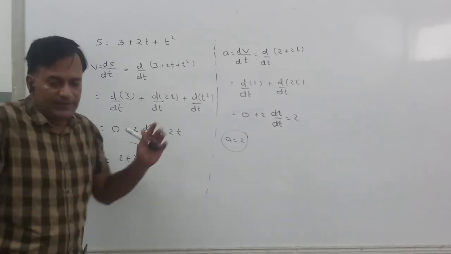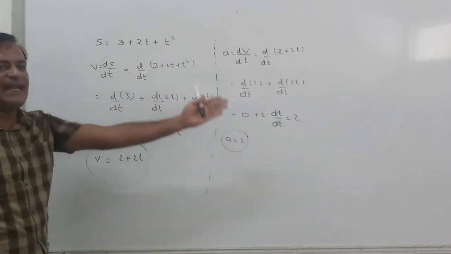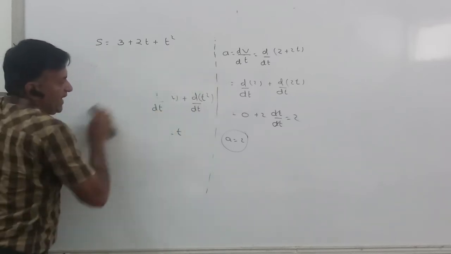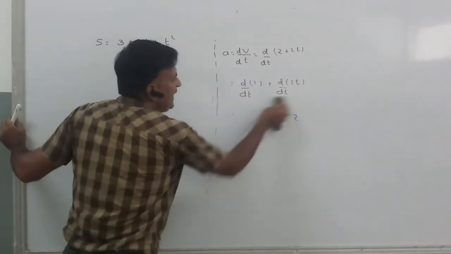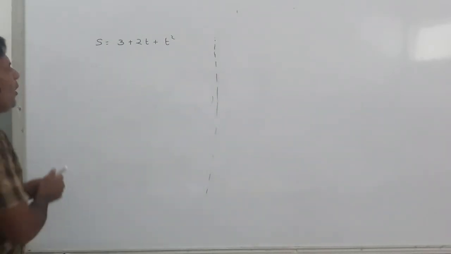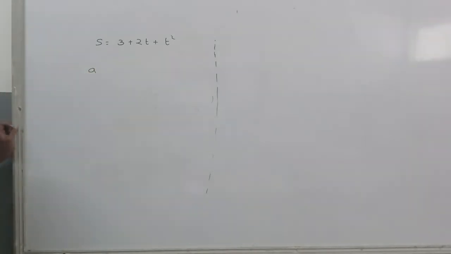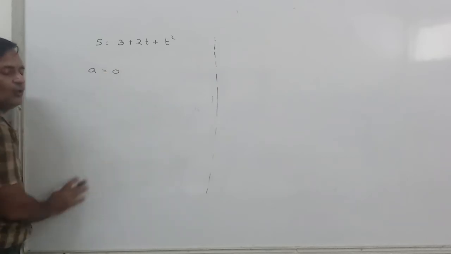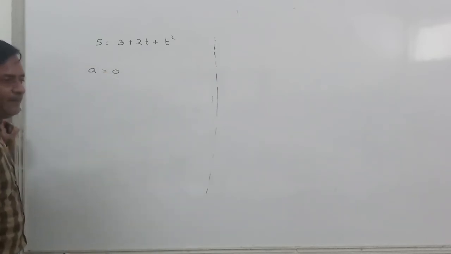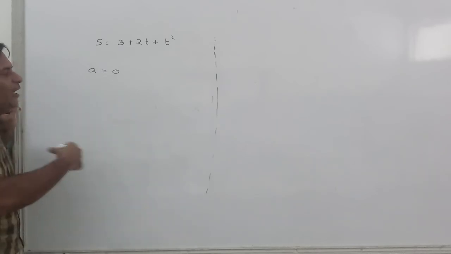Now, suppose in this way you are finding the velocities and accelerations, and if you carry on this mathematics and you find acceleration equals 0, that means the body is not increasing the speed, the body is not decreasing the speed, the body is continuing with the same speed.